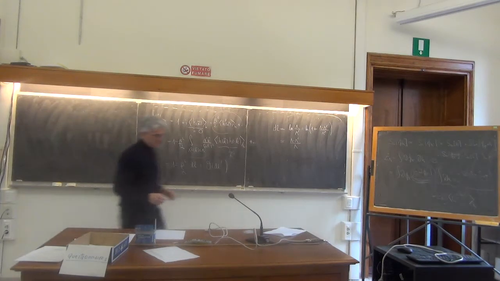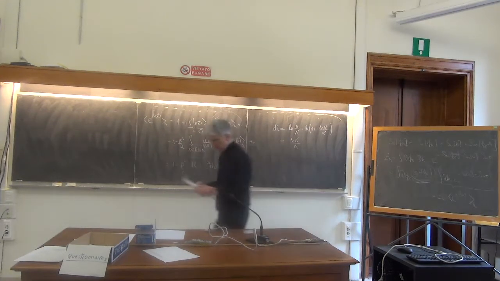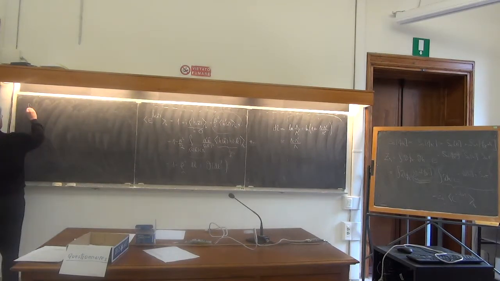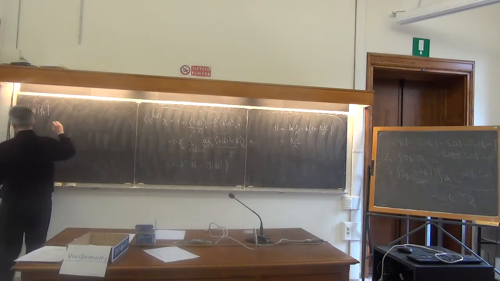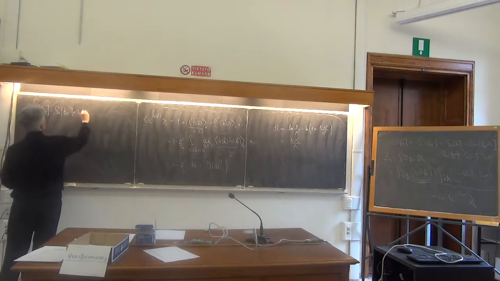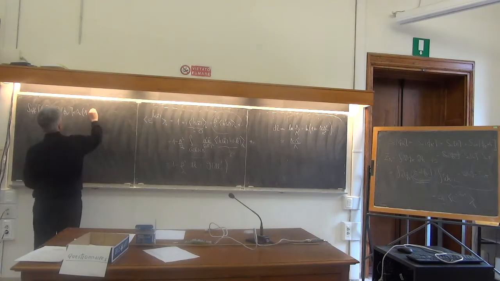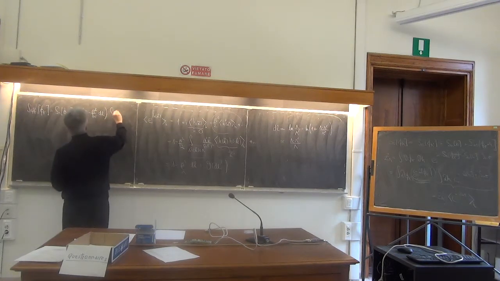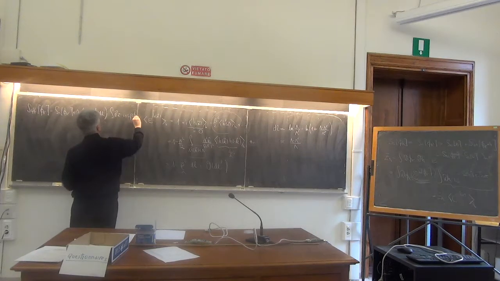Writing it out explicitly, I get S effective of phi of lambda prime is S naught of phi of lambda prime plus lambda, times 1 minus beta squared over 4 pi dl, integral d squared x cosine beta phi of lambda prime.